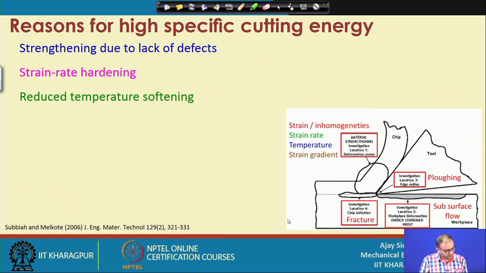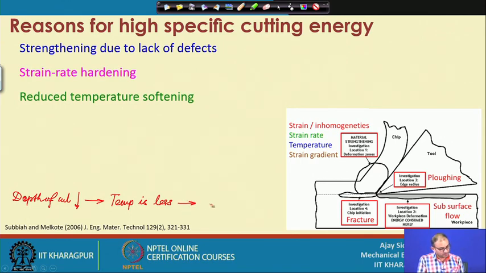So when you reduce the cutting edge, a small material is removed, the depth of cut is small, and because of that the temperature is also less. Temperature is less and then temperature softening is not happening.